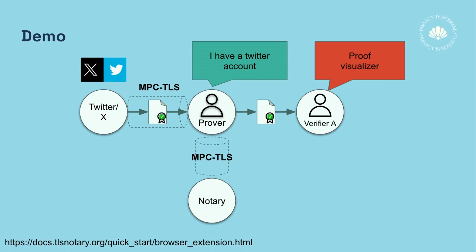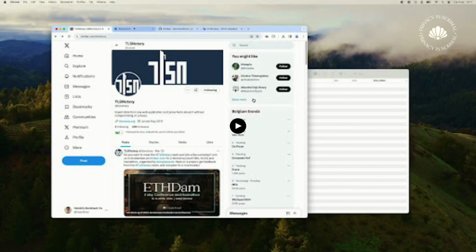This is actually an example that we have in our quick start guide. So if you want to start exploring or playing around with TLSNotary, you can just follow that link or go to our docs first, and then you can run this example very easily yourself. So again, I have recorded it.